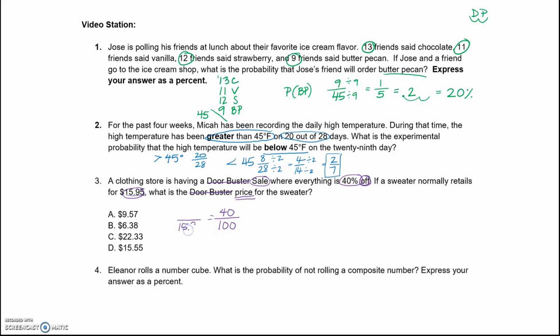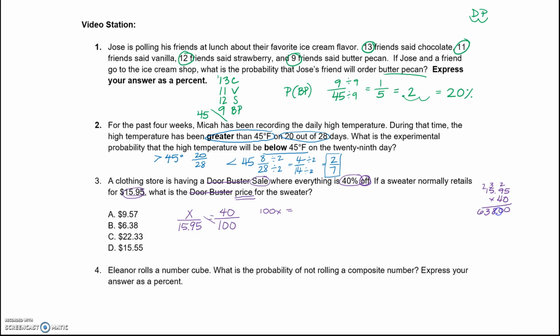So $15.95. Okay. So here I go. X must go here. So I have 100x equals 40 times 1595. So 1595 times 40, 4 times 5 is 20, 4 times 9 is 36, and so on.